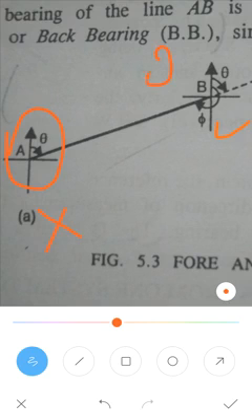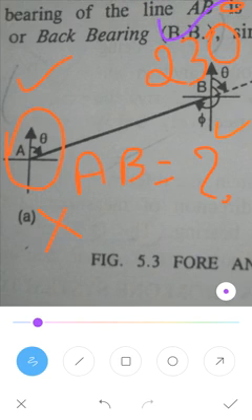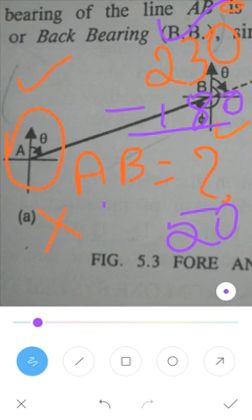Consider the bearing of BA is 230 degrees. I need to determine the bearing of AB. The bearing of BA is 230, which is more than 180 degrees, so you have to subtract 180. 230 minus 180 is 50 degrees. So the bearing of AB is 50 degrees.